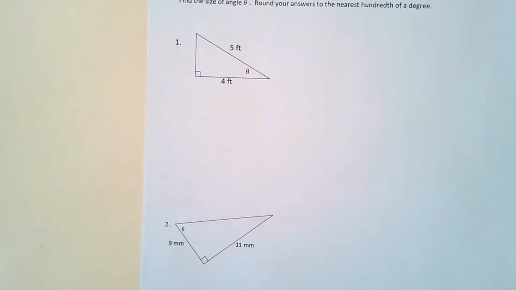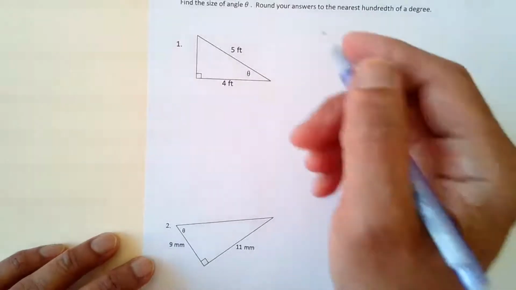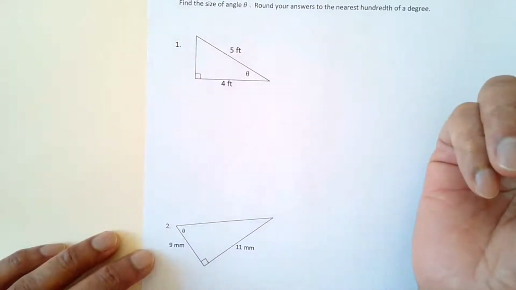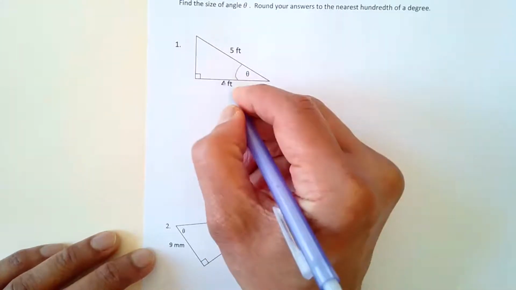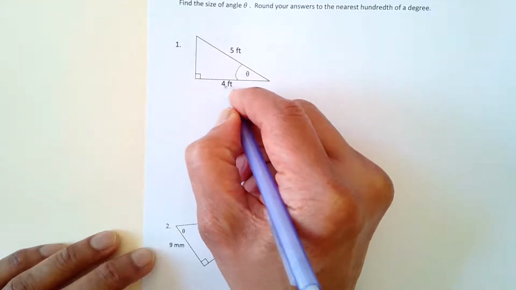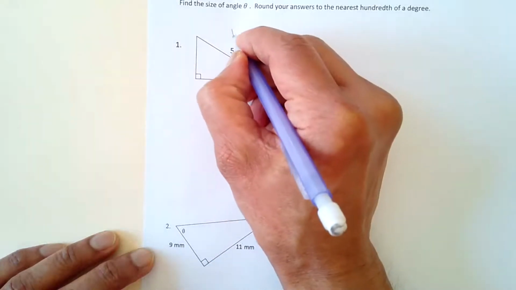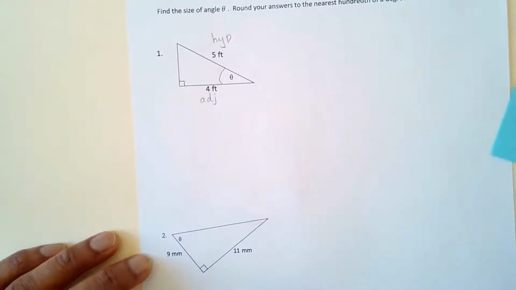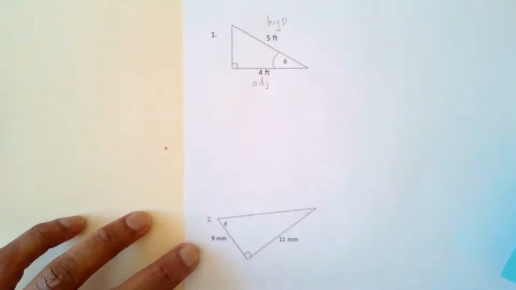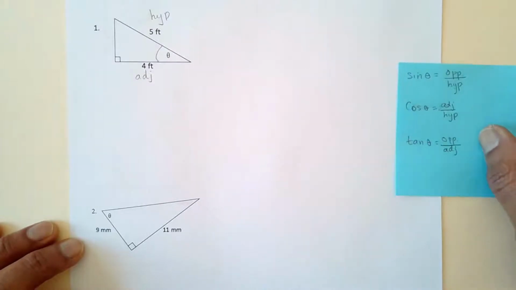I'll do a couple more assigned questions just to wrap up this session. So here we do the same process. We have our angle, we have our sides, which is adjacent and hypotenuse. And I'm going to go back to my trig ratios.